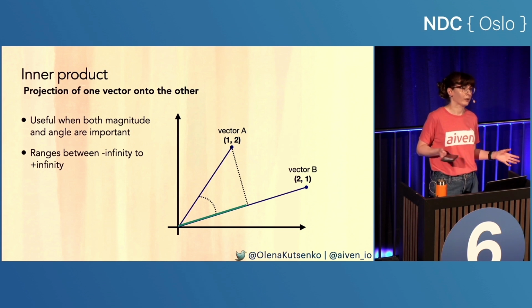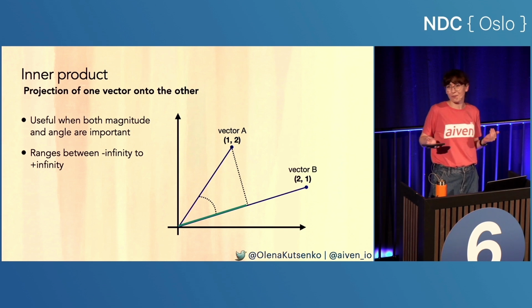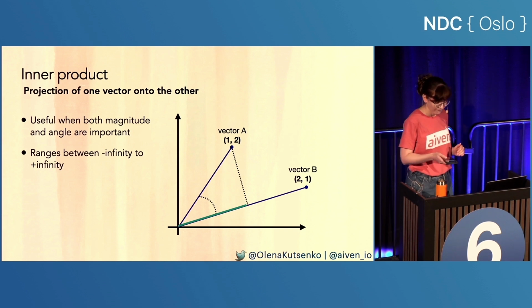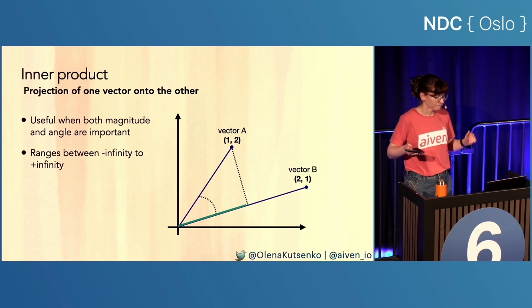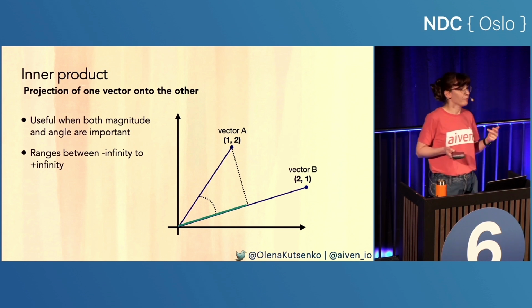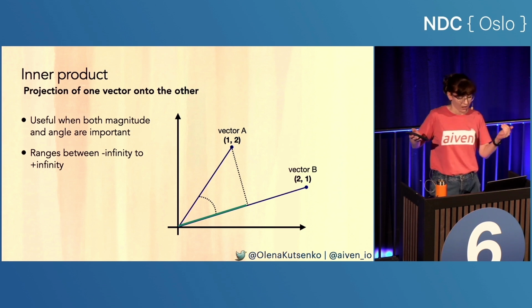Inner product matters only when you have different magnitudes of the vectors. Most of the models, I think, will give you good, clean, nicely arranged data. And for example, cosine, L2, dot product, they are probably the most used metrics in vector search.